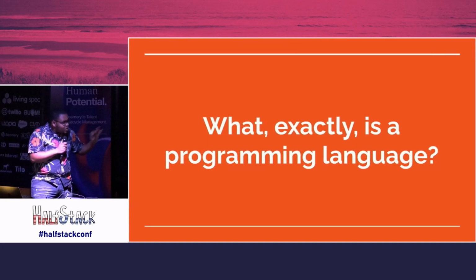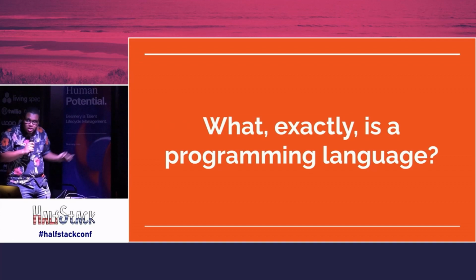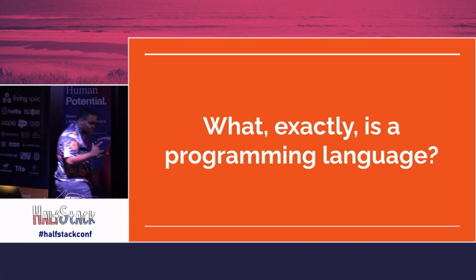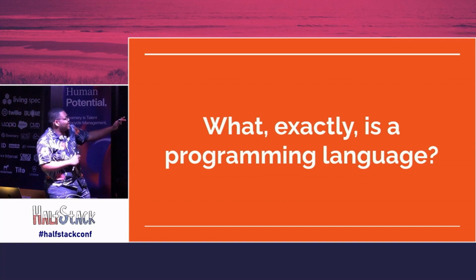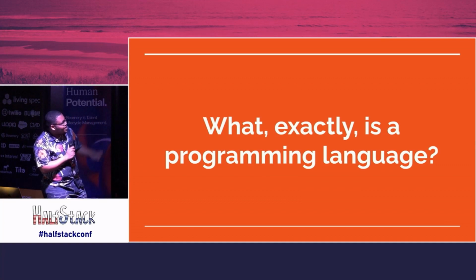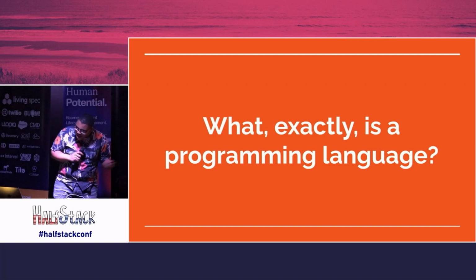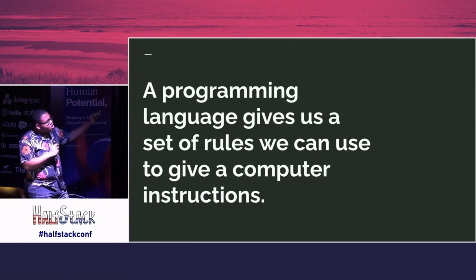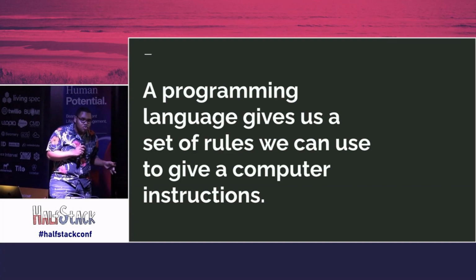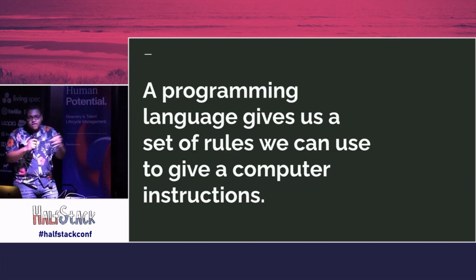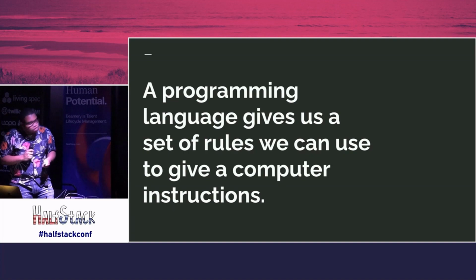So before we do any of that, before we actually build a programming language, before we create this abomination, we have to define what exactly a programming language is. For our intents and purposes, a programming language is basically a set of rules that we can use to give a computer instructions. It's very structured, and it gives us a structured space within which to work.